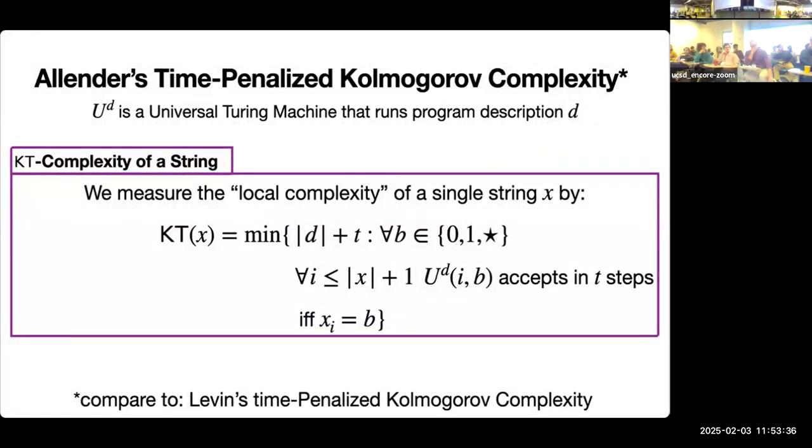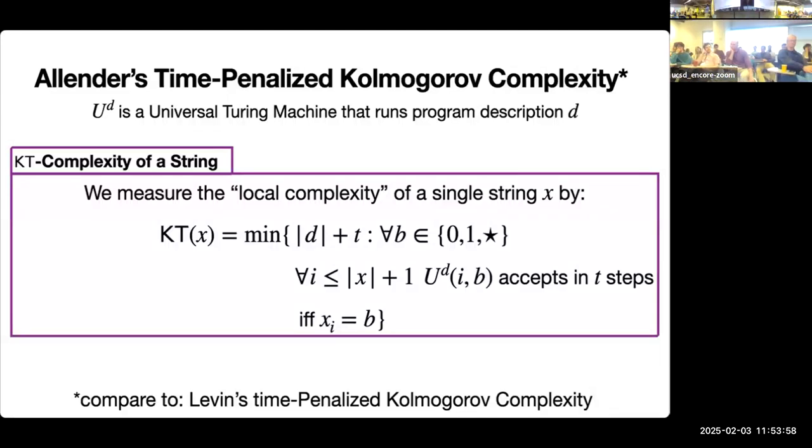Yeah. I must have misunderstood the definition. U, D, I, B. U has access to B, and not just random access to D? So U has random access to D, and then I and B are on the input tape.